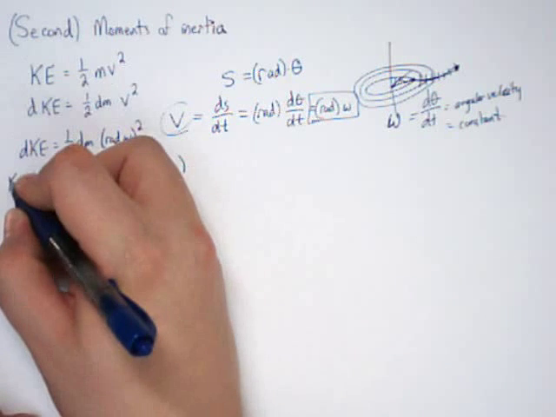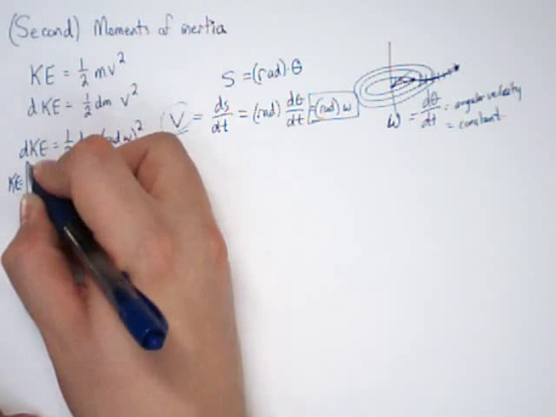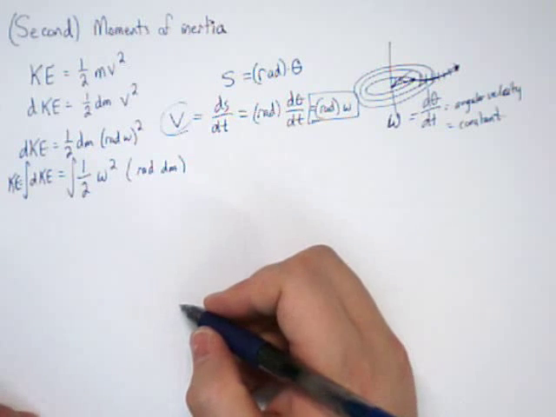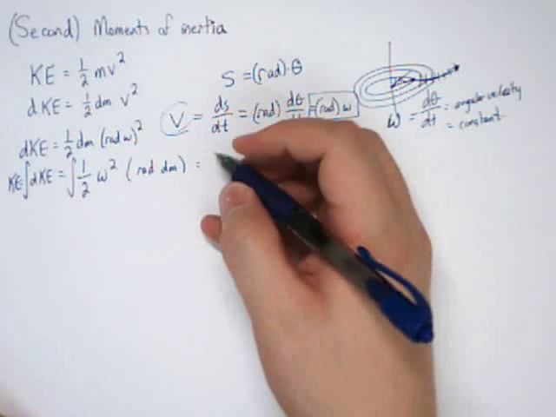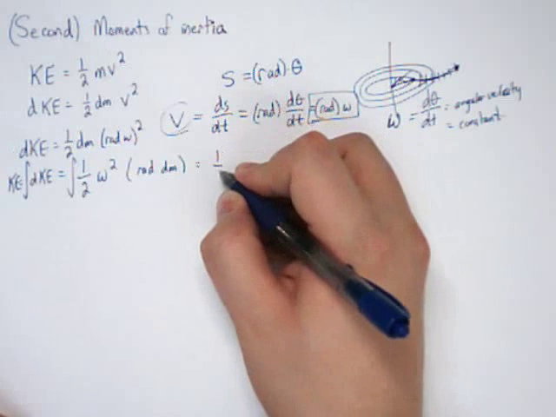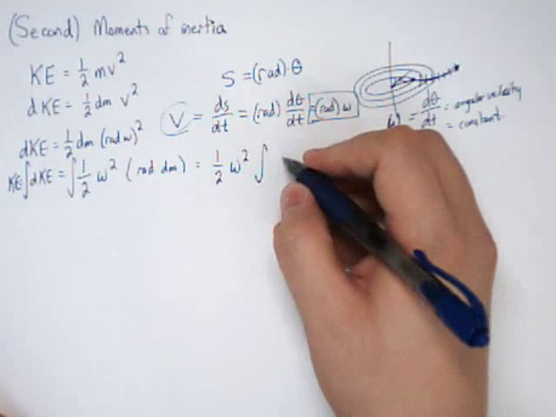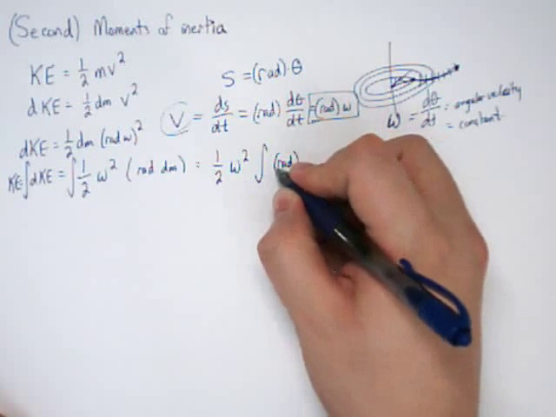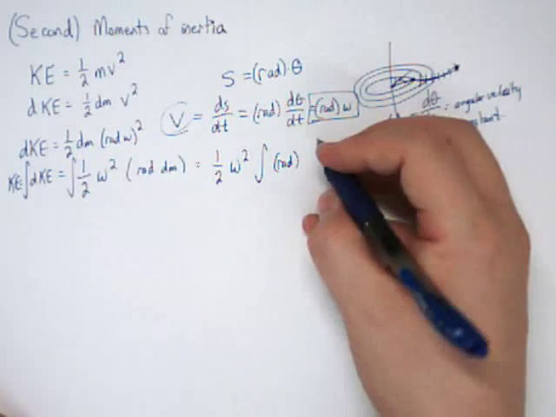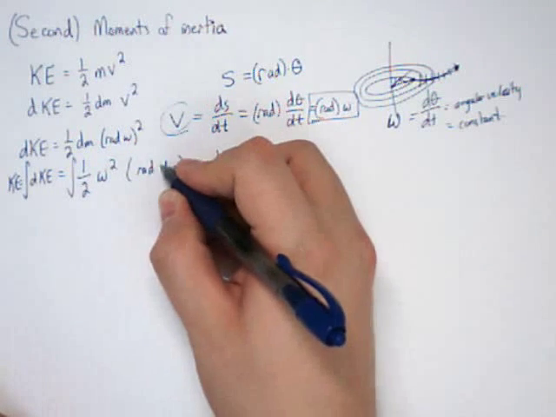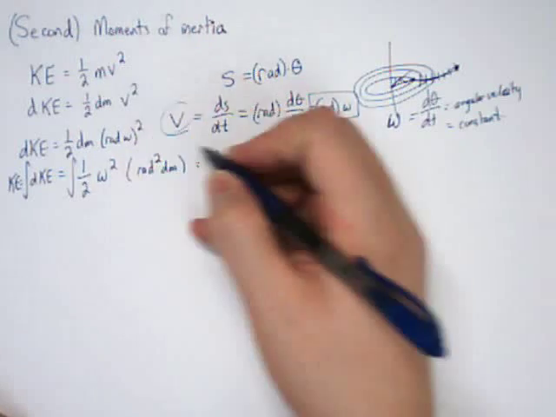If you want to get kinetic energy, you should then add up the little bits of kinetic energy. If you add up the little bits of kinetic energy, you can pull the constants out. So we've got a 1/2 omega squared, integrate, and then I've got the radius of rotation, whatever the distance is to the arc, times, oh, forgot to square the radius here.